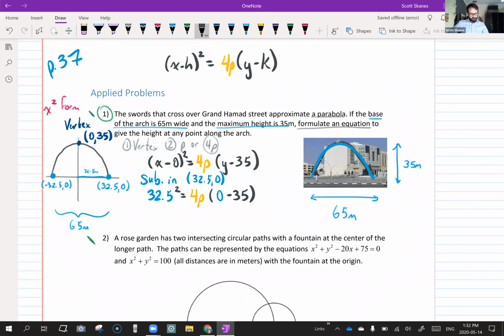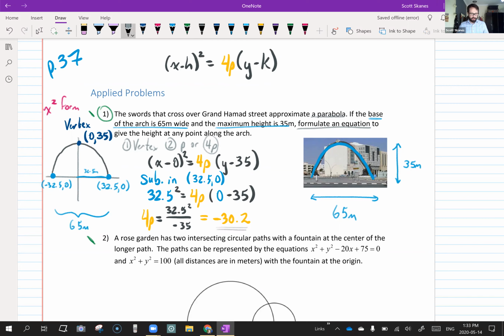And if you substitute around, rearrange this, what you're going to get is that 4p is 32.5 squared over negative 35, which is equal to, what number does that give me? 32.5 squared divided by negative 35. That gives me negative 30.2.